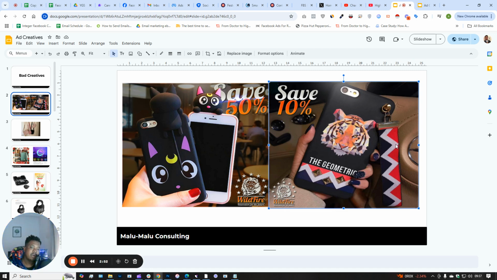But for me, the reason why it didn't do well is number one, low quality. You can see that the image isn't really the best quality, number one. And number two, it doesn't really illustrate the benefits of this iPhone case, if that makes sense. Yes, you can see, for example, this one has a cat, which is kind of cool, kind of neat, but in the creative, it doesn't really illustrate, for example, whether it's water resistant or waterproof, or whether it has other features.